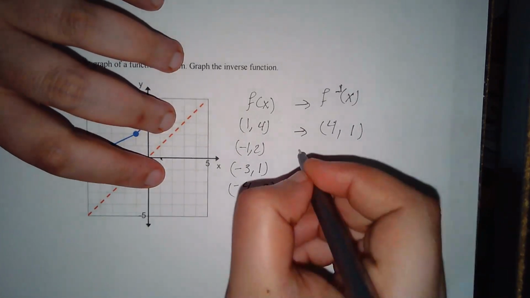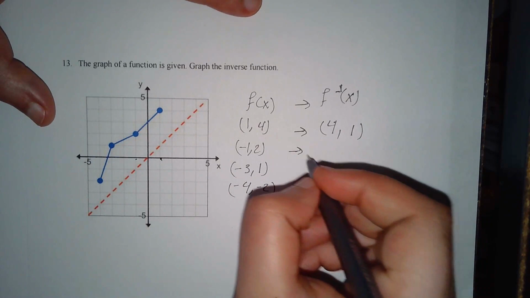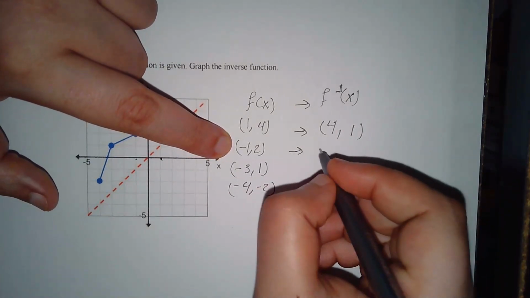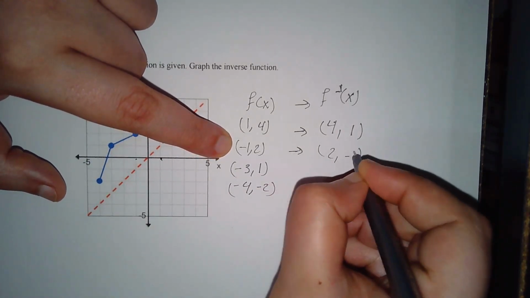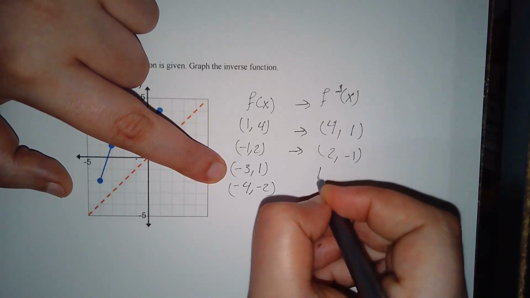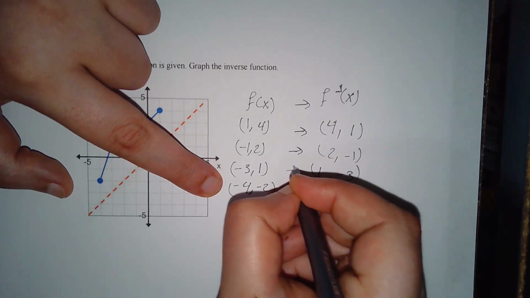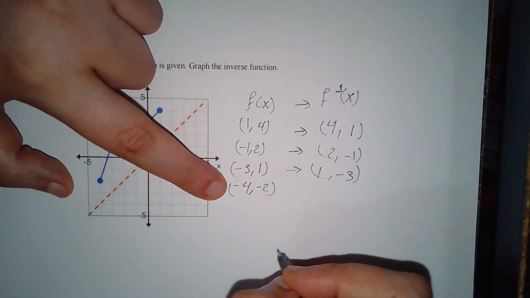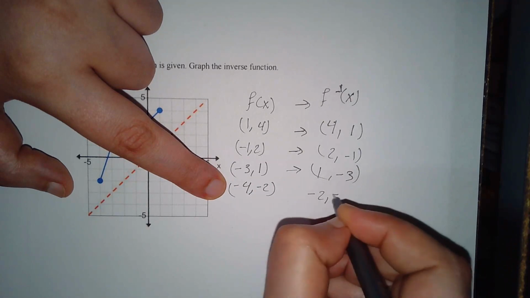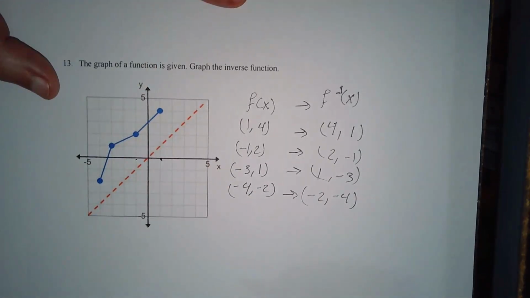So I'm flipping each point. So over here we have negative 1, 2 becomes what? 2 and negative 1. Negative 3 and 1 is going to turn into 1 and negative 3. And negative 4 and negative 2 is going to be negative 2 and negative 4. Yeah?